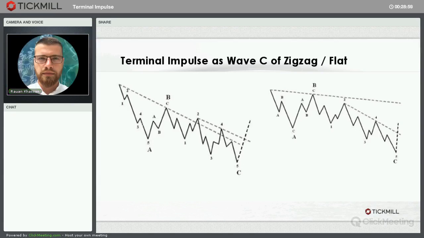And of course, you've been seeing for yourself examples of complex correction structures which are developing in the trend direction, which is a clear indication that you are dealing with a terminal impulse.